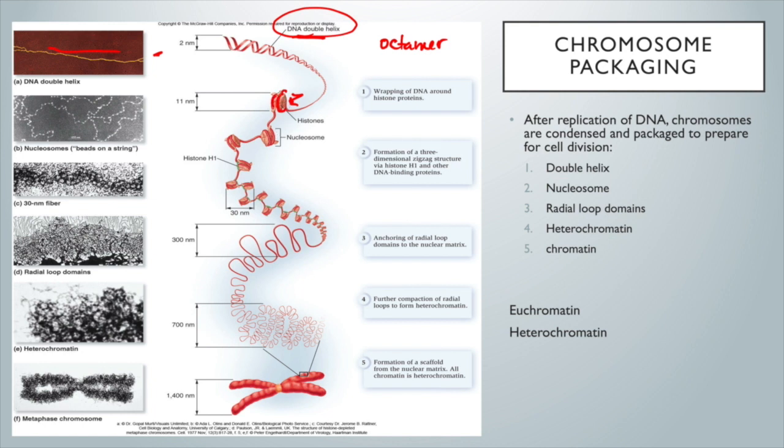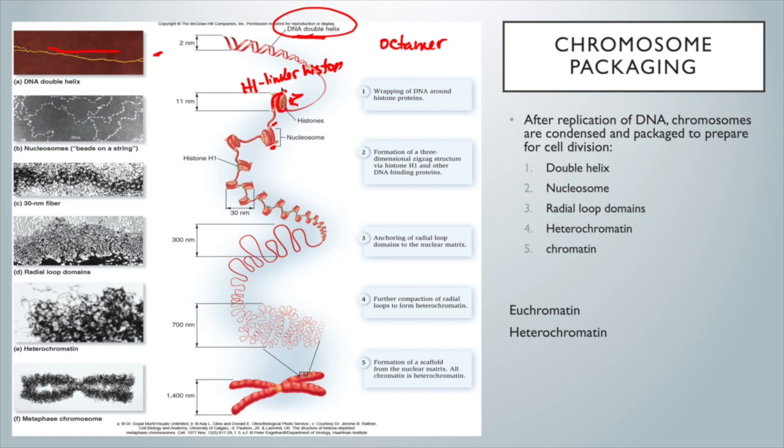It is anchored to the histone complex by a histone known as H1. H1 is also referred to as the linker protein or linker histone. And this anchors, you can see it holds the DNA wrapped around the histone here.